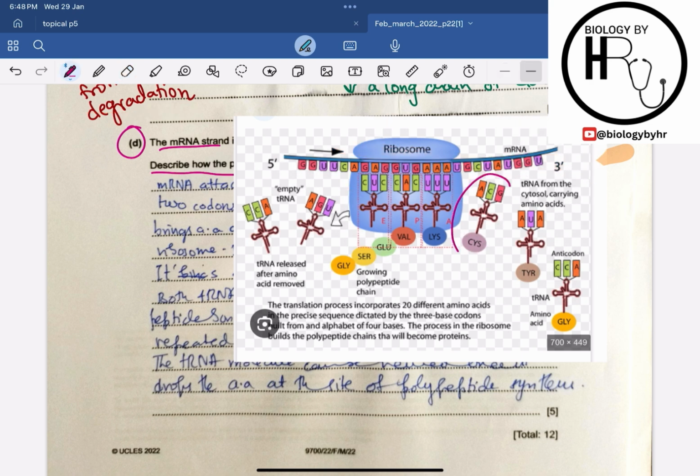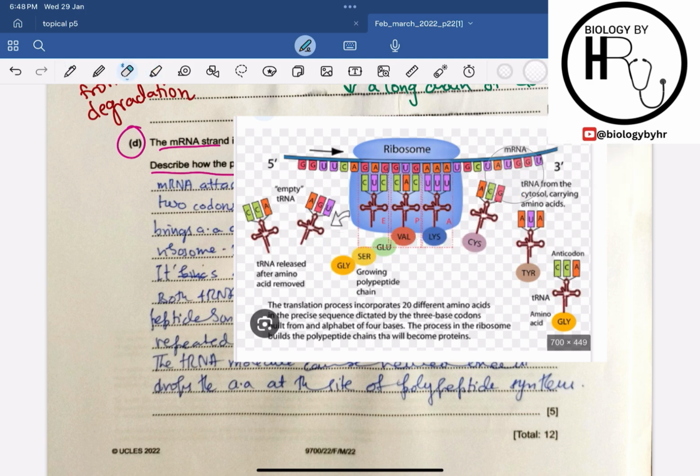So the transfer RNA, which is complementary to the bases, will be activated, and it will carry a particular amino acid to the mRNA, and then the polypeptide chain will be formed in a sequence, right? The polypeptide chain will be formed, and more tRNA will come until the whole mRNA has been translated, right? So I hope that the process is clear to all of you.